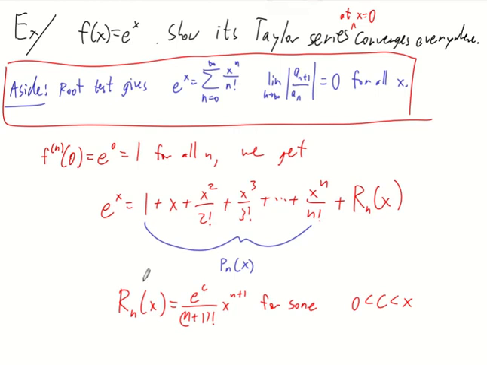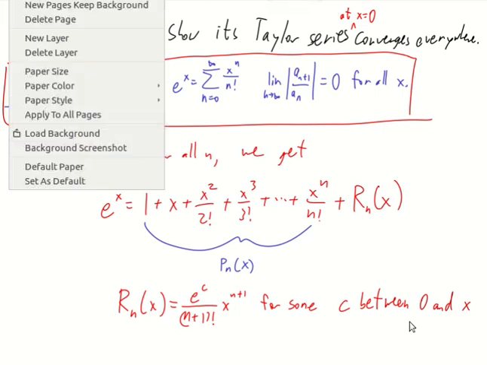For any x value that we plug in, this will be equal to this, regardless of the x value. Actually, this isn't probably the best way to write this, because we're not sure whether x is positive or negative in this case. So for some c between 0 and x, okay.